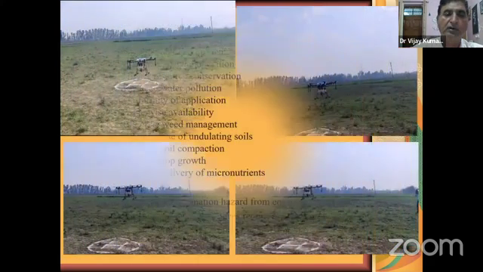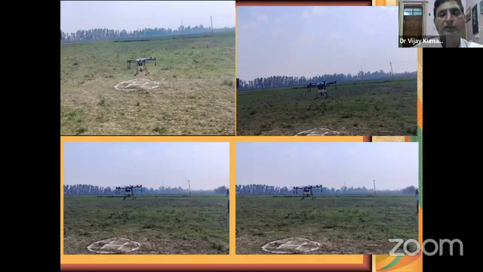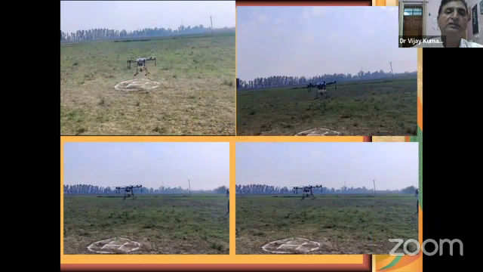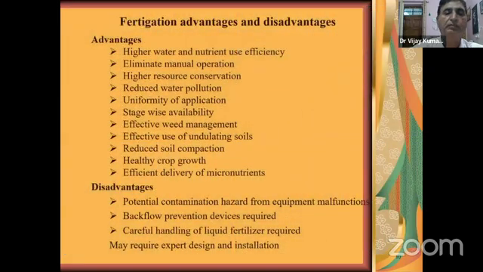Then I told about the drone technology, spraying of nutrient on a larger scale. It may require less time and less energy to spray more area, but still this is under the research domain, and still many recommendations have to come.